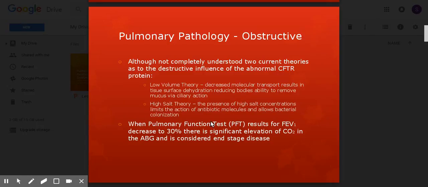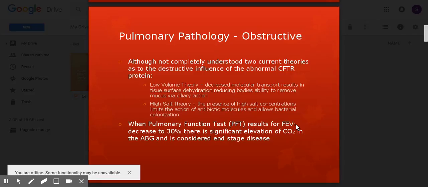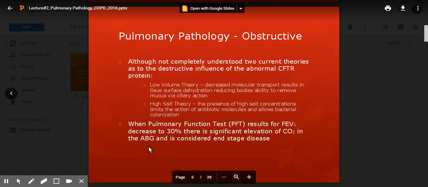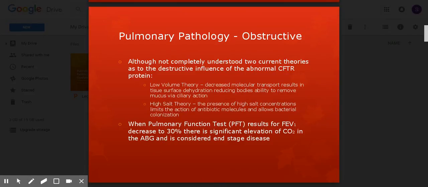When pulmonary function testing, or PFT, results in an FEV1 decrease to 30%, there is typically a significant elevation of CO2 in the arterial blood gas, and this is considered end stage of the disease.